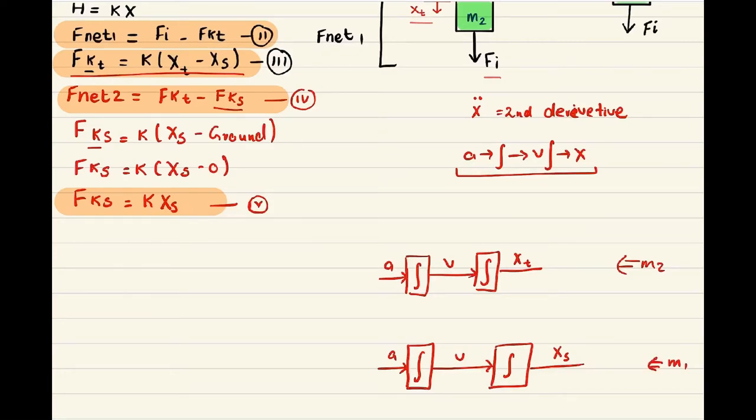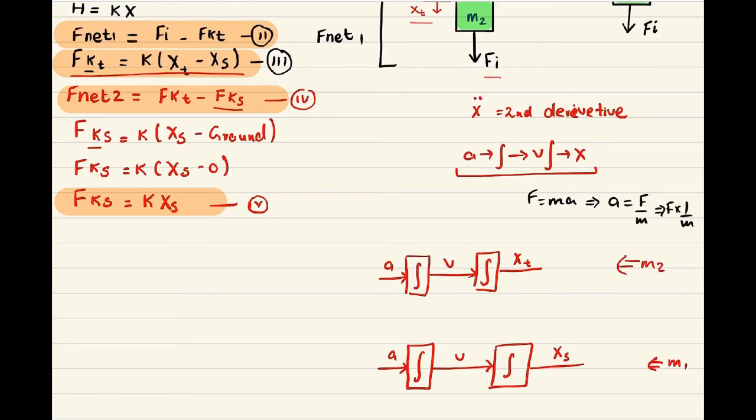Now we got this acceleration here, we got our acceleration here, and because this belongs to m2, we're just going to use equation number 1, which is F equals ma, and making a the subject will make F over m, which we know is equal to F times 1 over m.